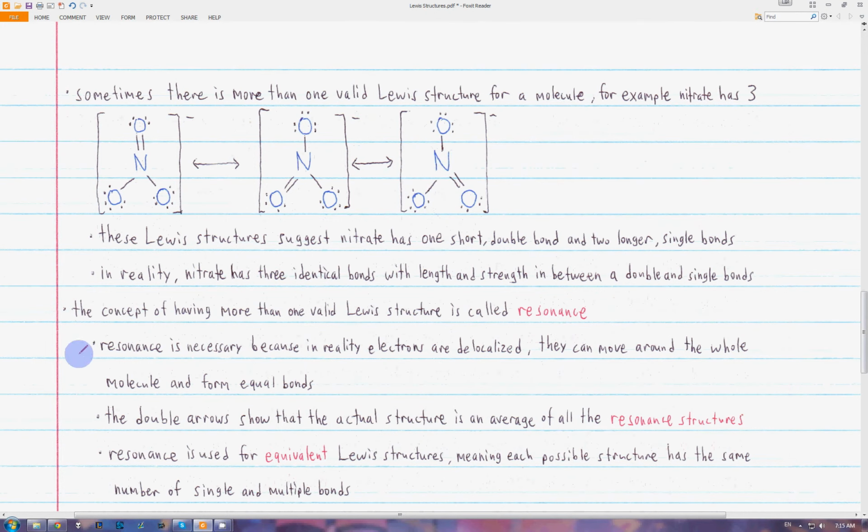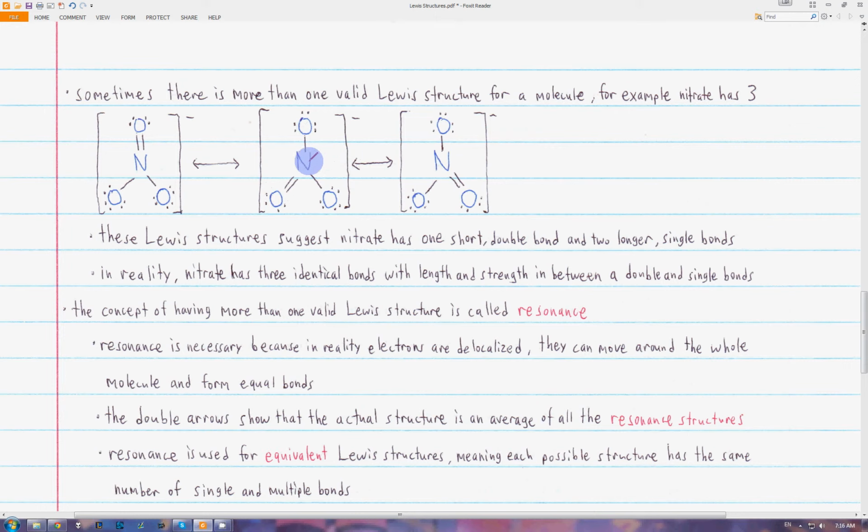And so this resonance is necessary because, remember, in the localized electron model, we assumed that electron pairs were localized either as lone pairs on the atom or as bonding pairs in the space between two atoms. But in reality, electrons are delocalized, which means they can move around the molecule.